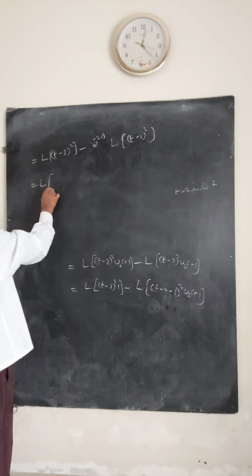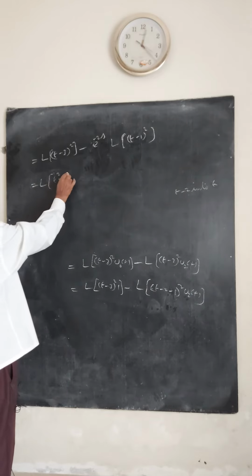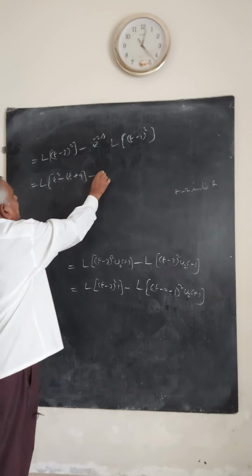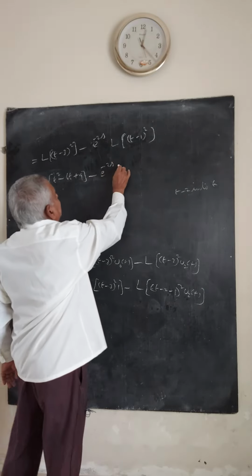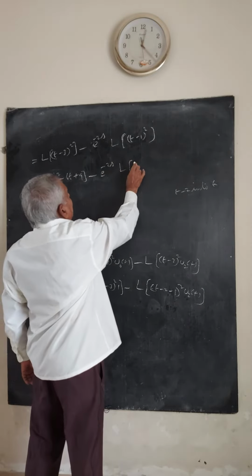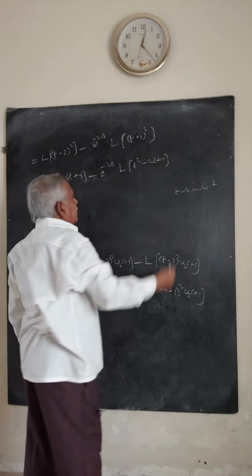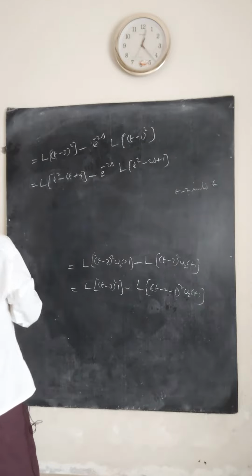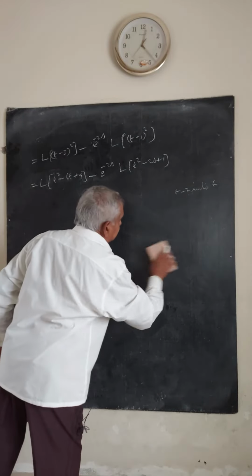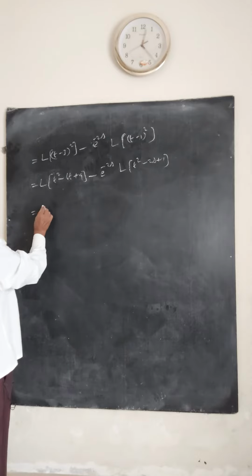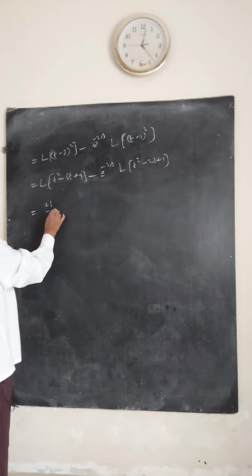L of t square minus 6t plus 9, minus e power minus 2s, L of t square minus 2t plus 1. L of t squared is 2 factorial divided by s cubed.